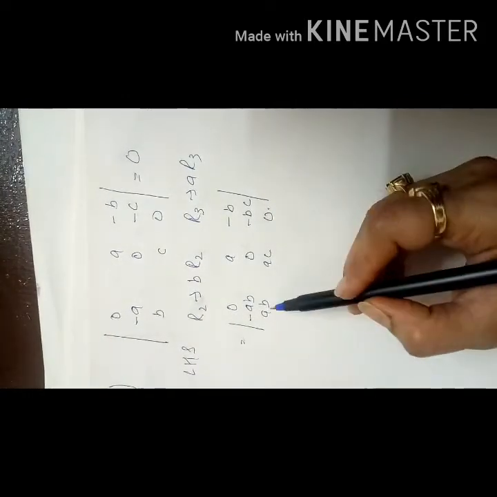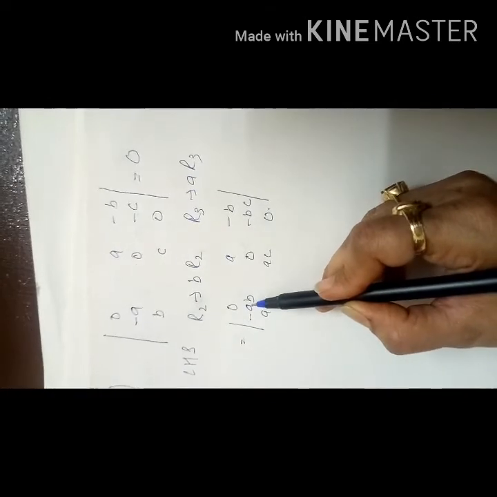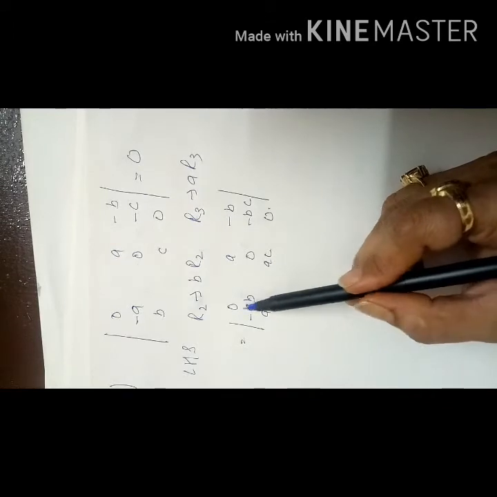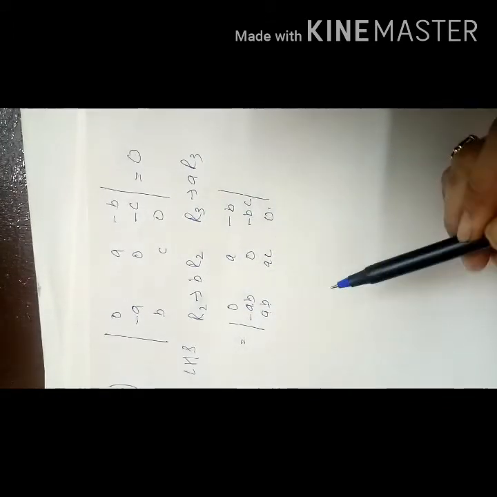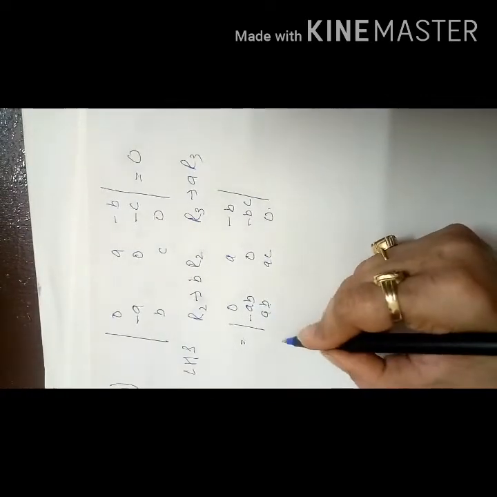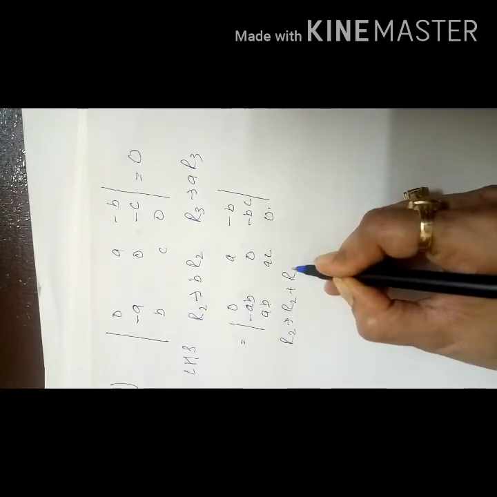Now if we add these two, we'll get one more 0 here. Our main aim is to get the maximum zeros in any column or row so that we can expand easily. So R2 will be R2 plus R3.